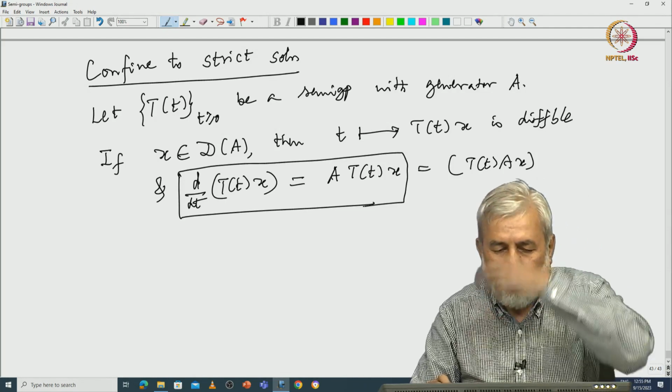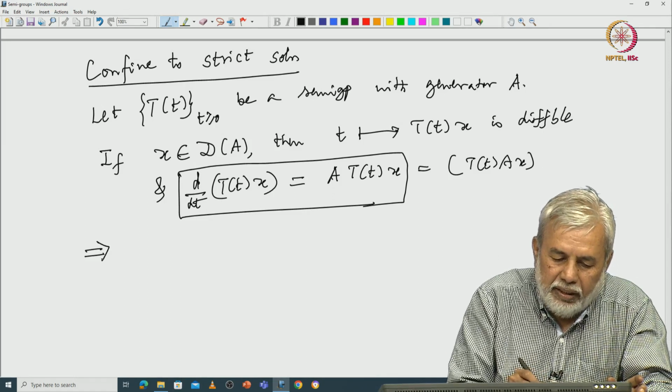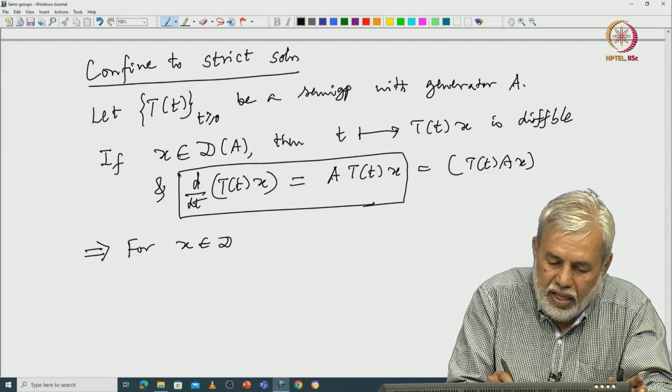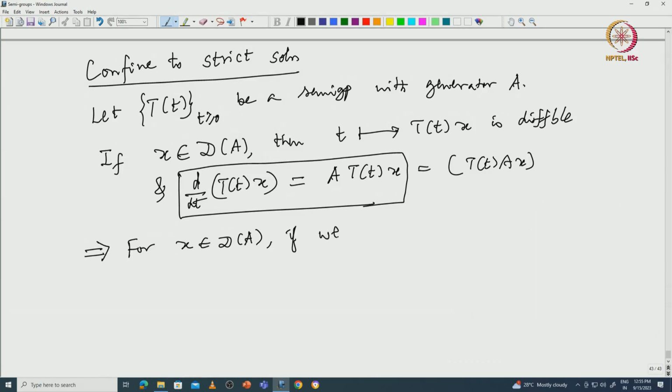So even for the strict solution, this implies that for x in D(A), if we put u(t) = T(t)x, then it is a strict solution of the ACP.